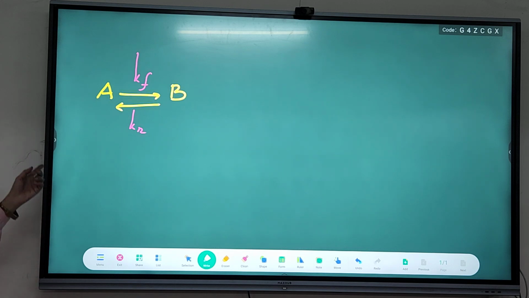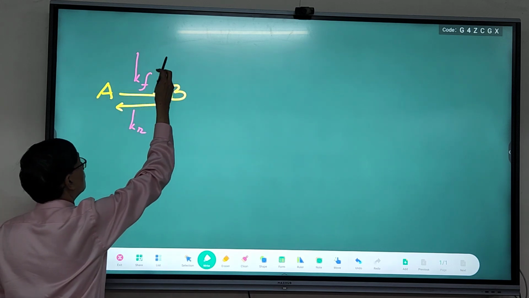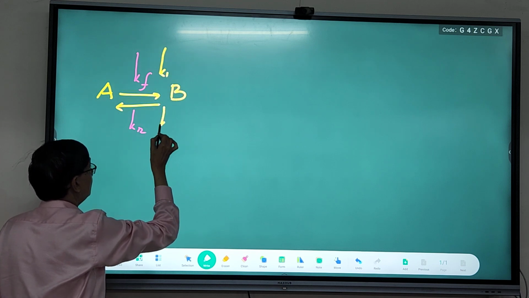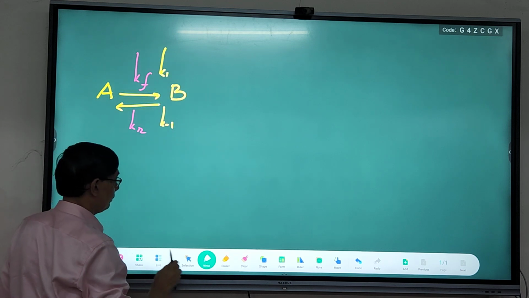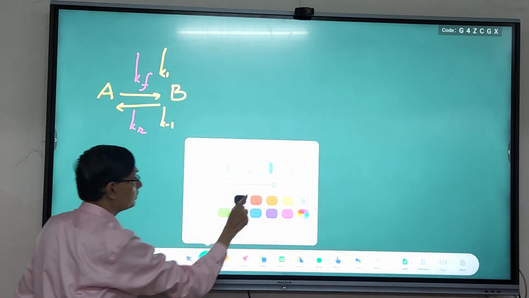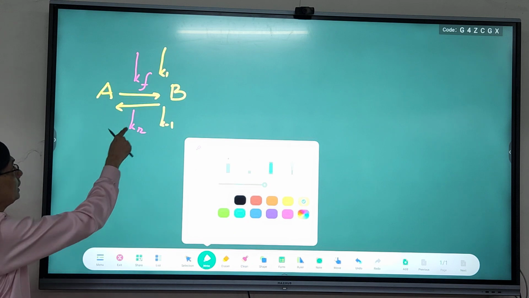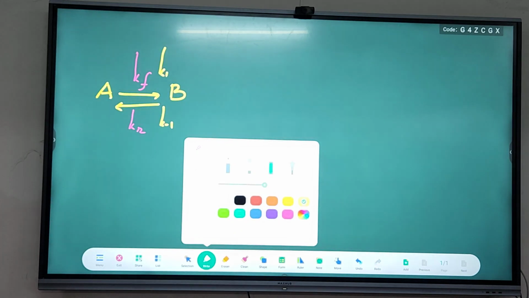You can write K1 also, even K inverse also. But I am using Kf and Kr.